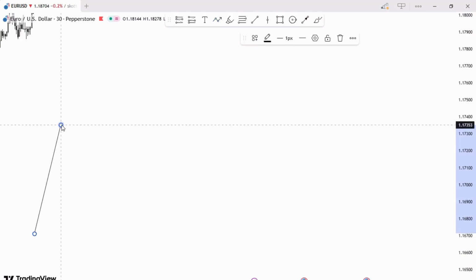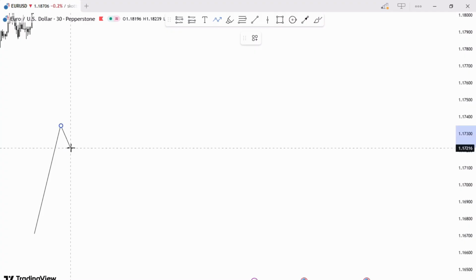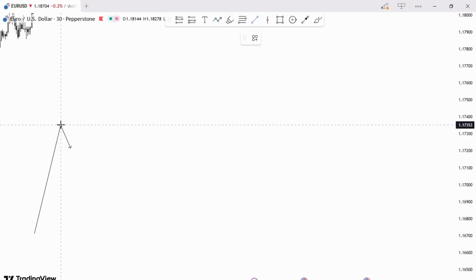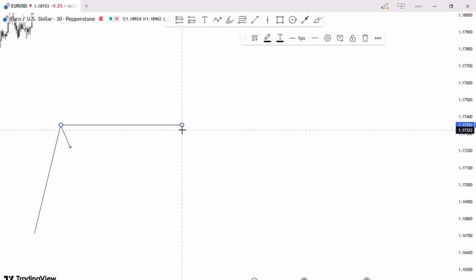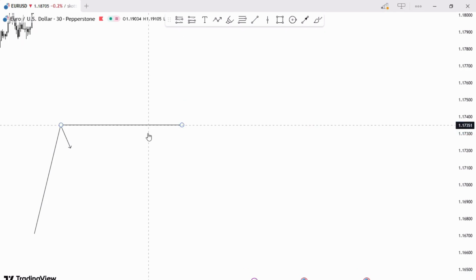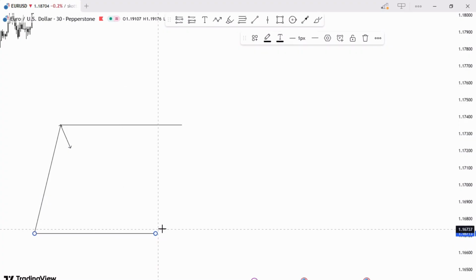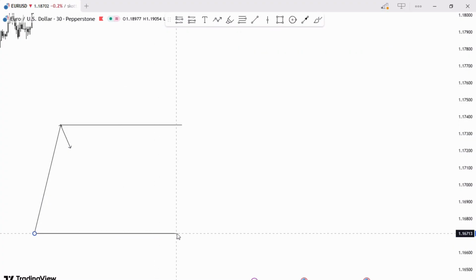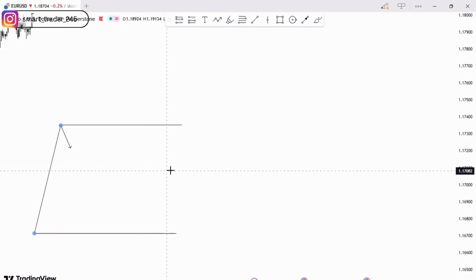Once I have this, I wait for price to show signs of a pullback. As soon as I see this pullback, then I'll mark my higher high and my higher low. Higher low, higher high.